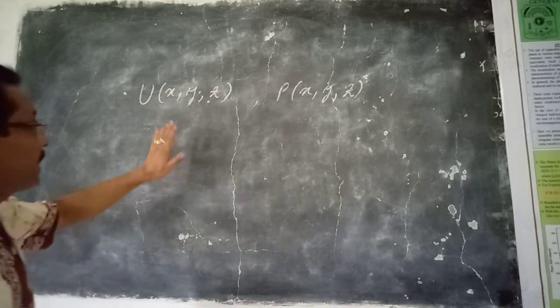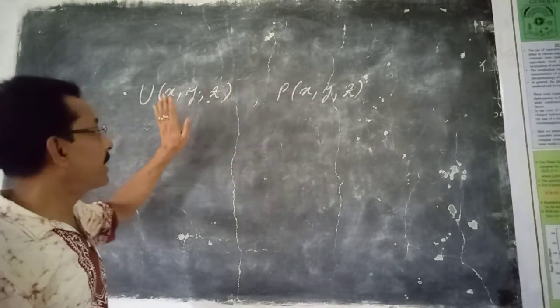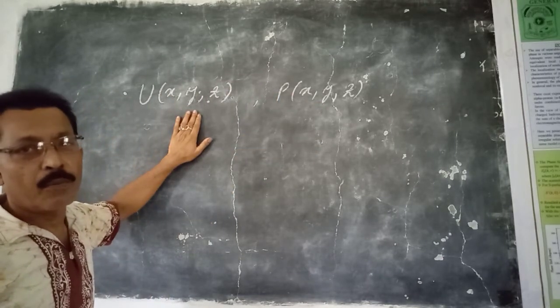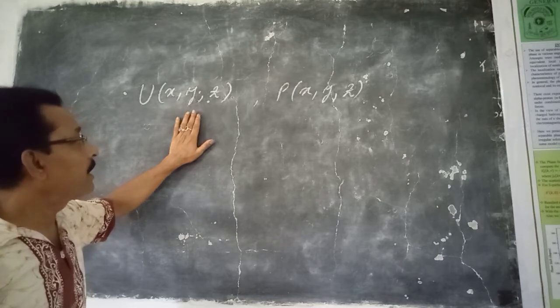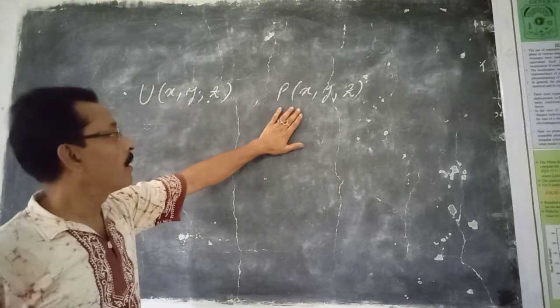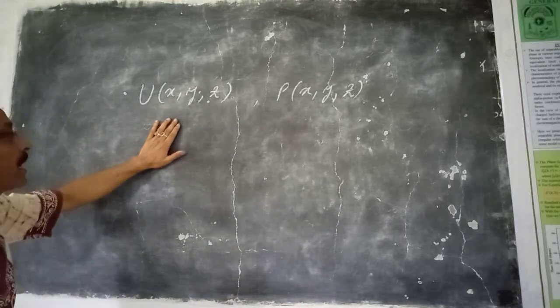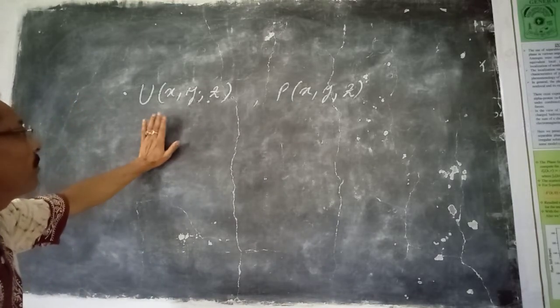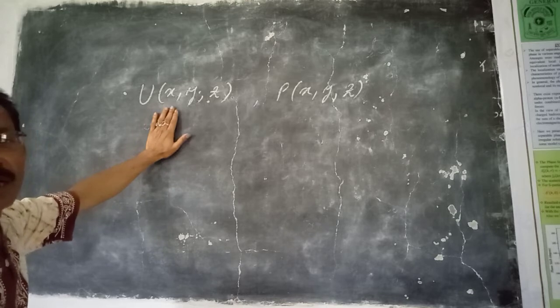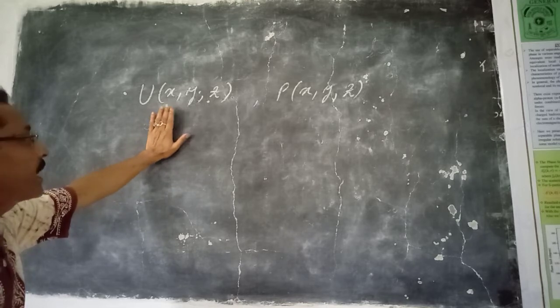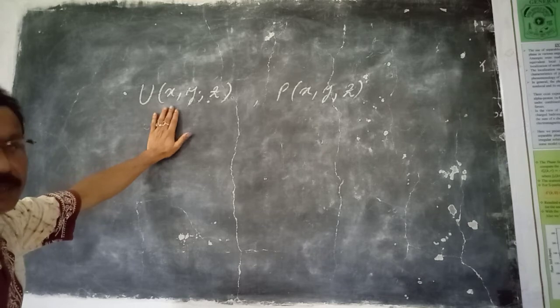Then the total electrostatic energy resulting from the interaction between U and the charge density can be calculated. Now when this charge density is placed in this external potential, we get the interaction energy, and that interaction energy can be obtained by expanding the function U in a Taylor series about the origin.